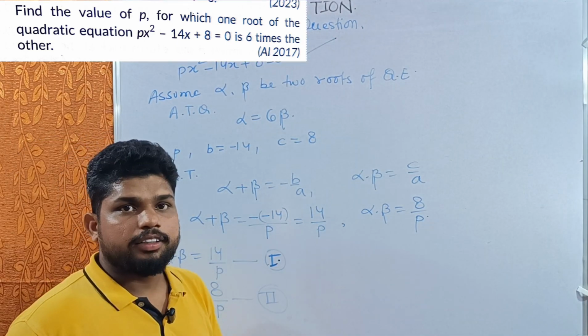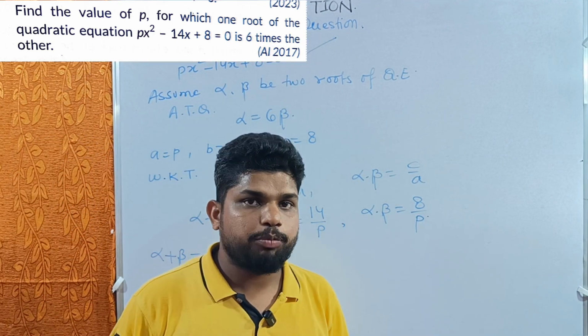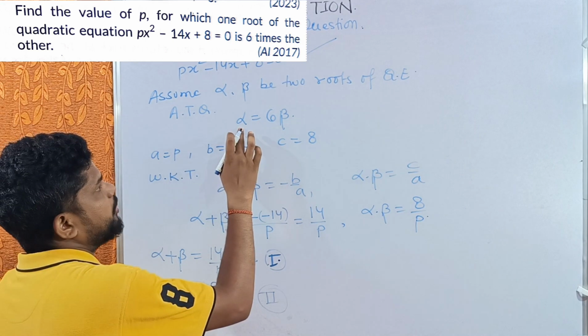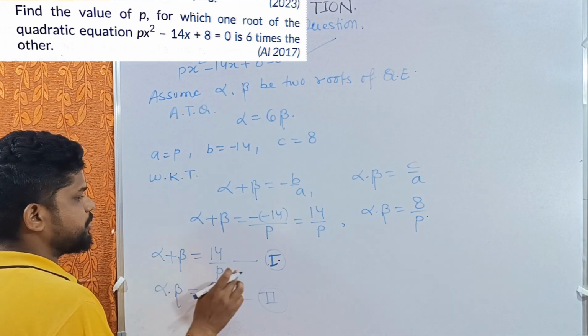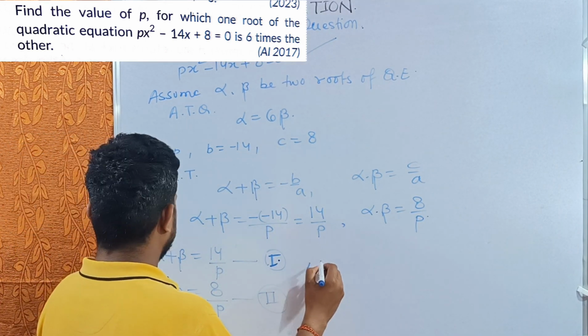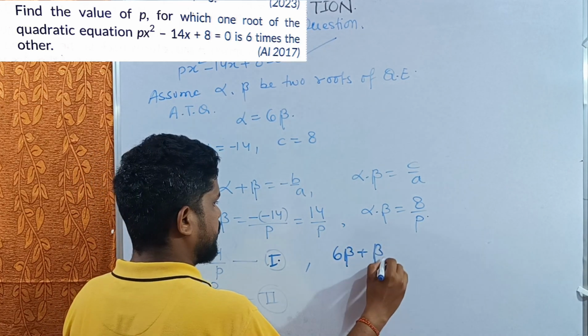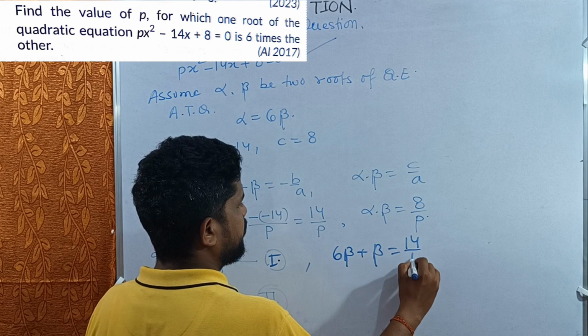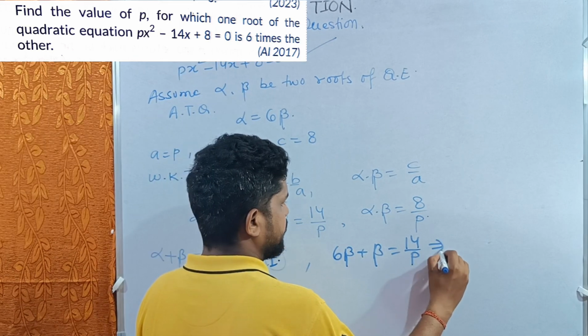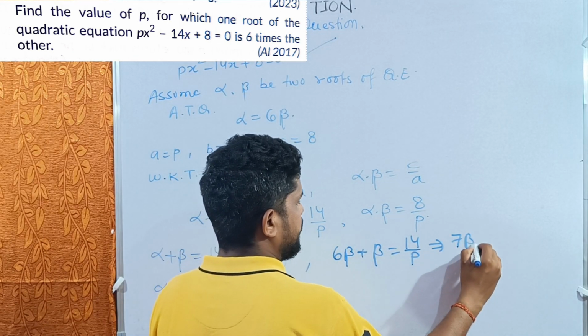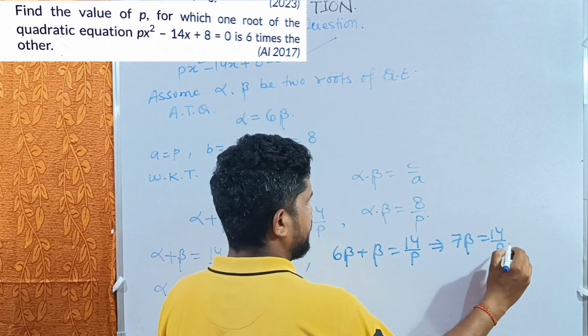Now dear students, if I put the value of alpha, which is 6 beta, in equation number 1, I will get 6 beta plus beta equals 14 upon p, which is 7 beta equals 14 upon p.